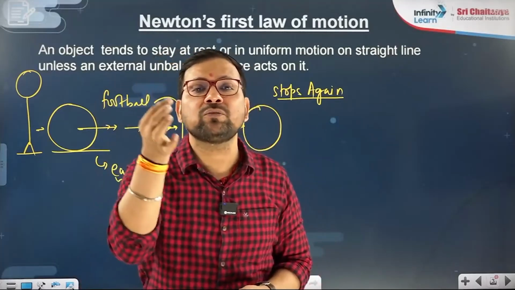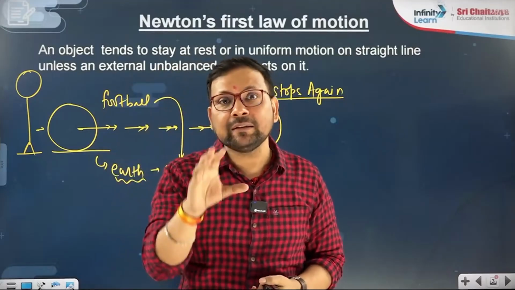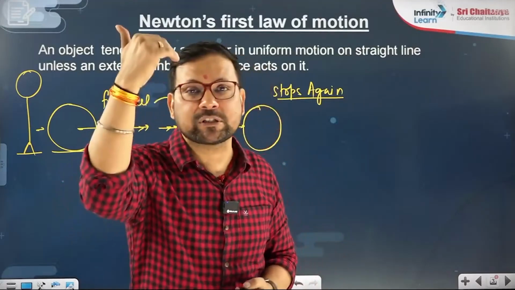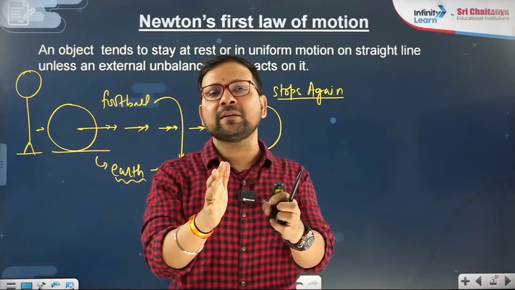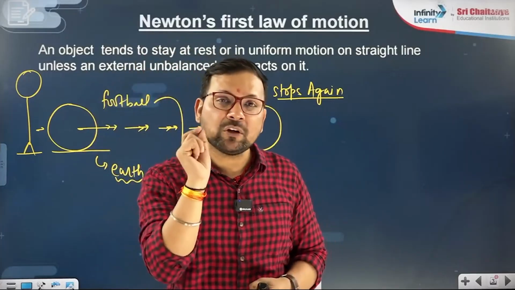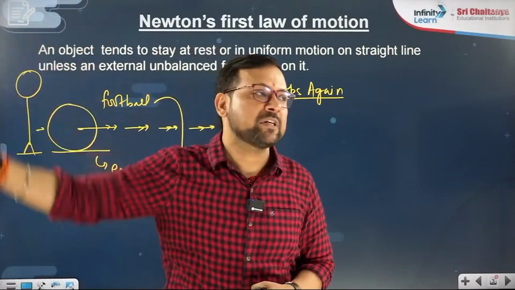Galileo's law ends here. Then Newton said, inertia will maintain the rest, inertia will maintain the motion, but only up to the time when an external force is acting on it. If an external force starts acting on the body, then inertia will be opposed. Then inertia may not be able to maintain the same state of motion. So the inclusion of external force was Newton's discovery, and inertia was Galileo's discovery.